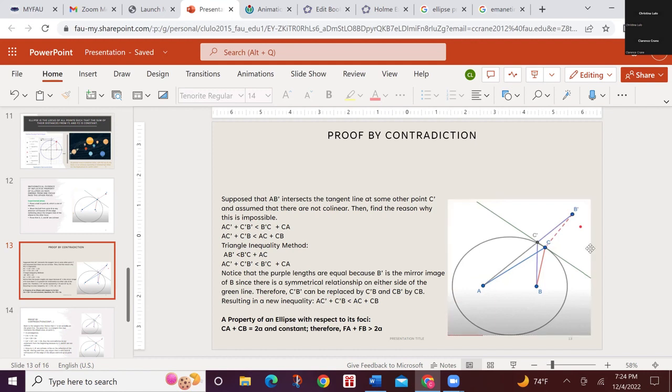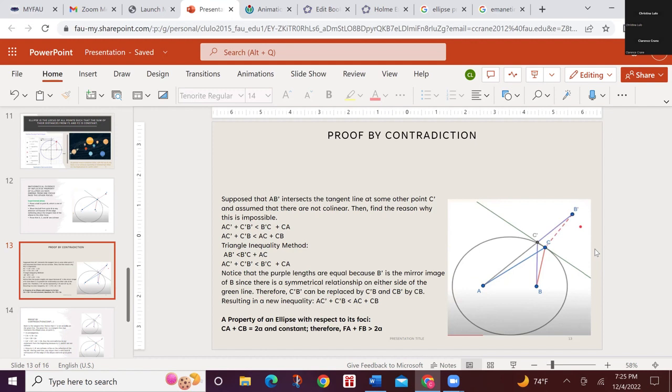Notice that the purple lengths are equal because B prime is the mirror image of B, since there is a symmetrical relationship on either side of the green line.